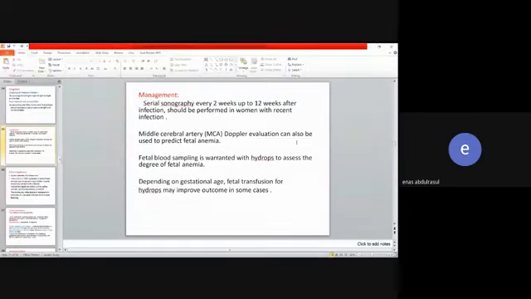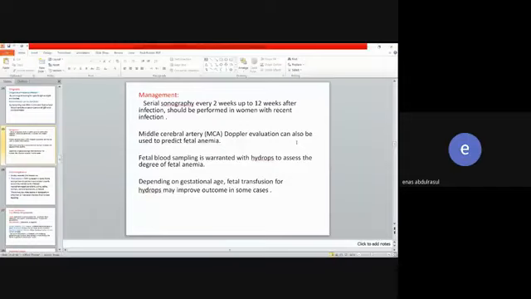In this ultrasound we have to look for any evidence for the development of fetal anemia. How? By looking, for example, at the blood flow through the middle cerebral artery by Doppler ultrasonographic evaluation.